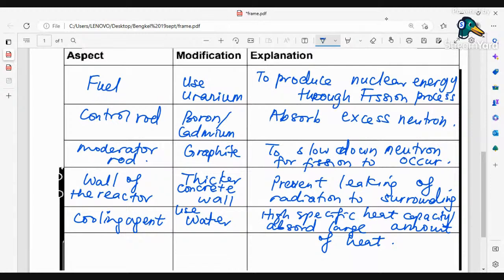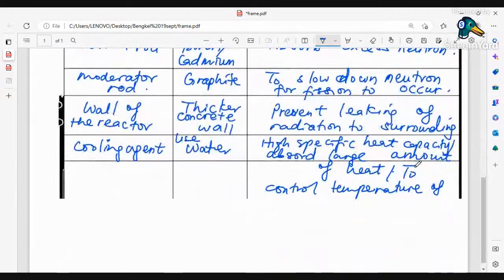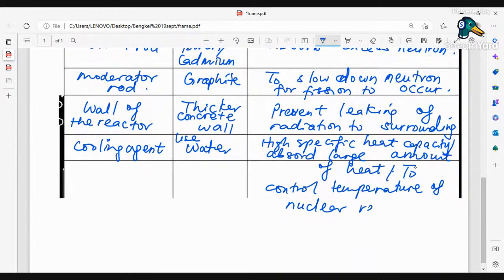Okay, to control temperature of reactor or nuclear reactor. If too hot, maybe it will explode. So we need to cool down or reduce the some amount of energy or heat energy produced during the fission process. Okay.